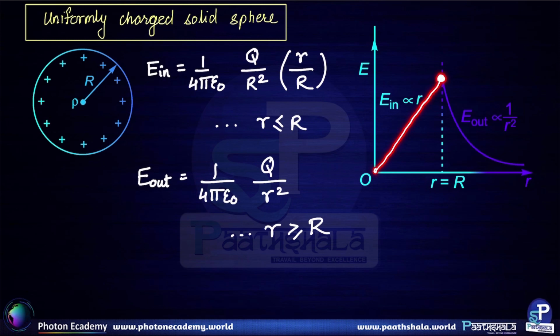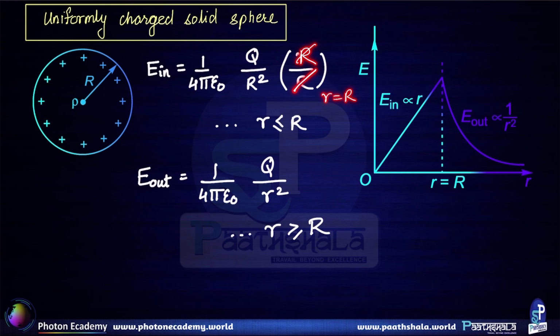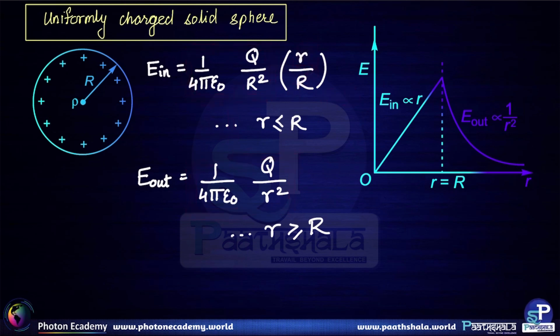We can see that at the surface, the expression for electric field inside as well as outside are both going to give the same value. So at the surface, we just put small r equal to capital R, and we get these two cancelled, and this is the expression at the surface. Similarly, if we put small r equal to capital R over here, then also we are going to get the same expression, and the expressions will match at the surface.